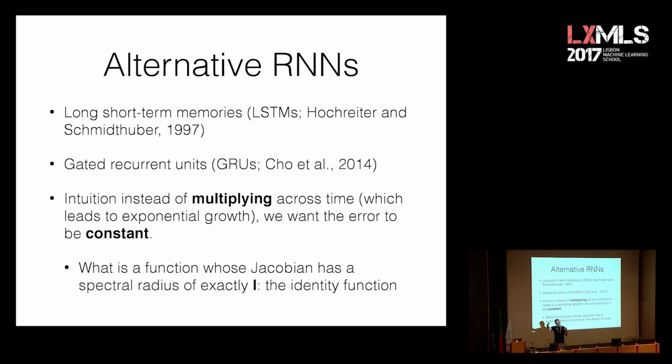And so as we went back in time, we just repeatedly multiplied by this U matrix, and that is what led to the vanishing gradient problem. So what we want is the error signal, the derivative with respect to the error, to be roughly constant across time. That is, we want a function whose Jacobian has a spectral radius of exactly 1. That is, we want the identity function, really.